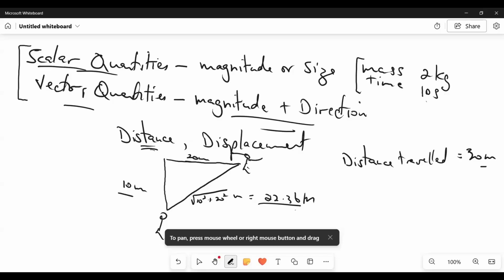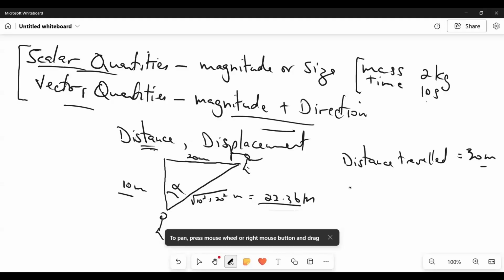So your displacement is the shortest distance from where you were to where you end up. And you can say it makes an angle. Let's say we find this angle here. Let's say that's alpha, right?